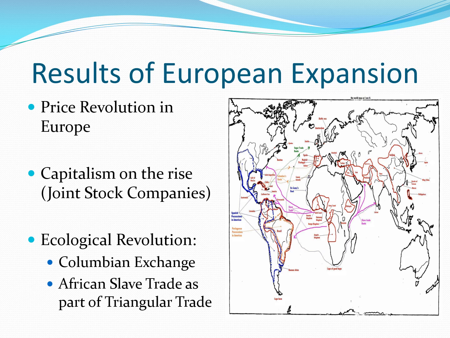When the native population declines so greatly, the Europeans need to find a new way to harvest those cash crops and dig in those silver and gold mines. And this is when we see the African slave trade become part of what will be known as the triangular trade, an offshoot of the earlier Columbian Exchange.